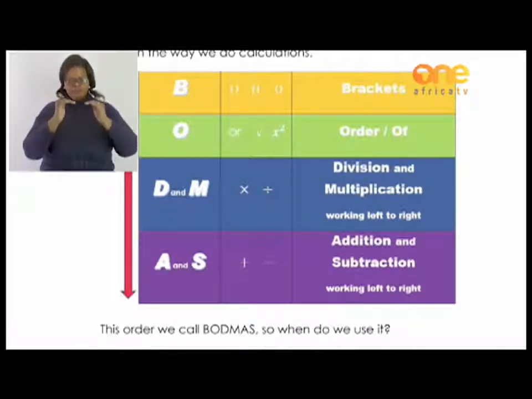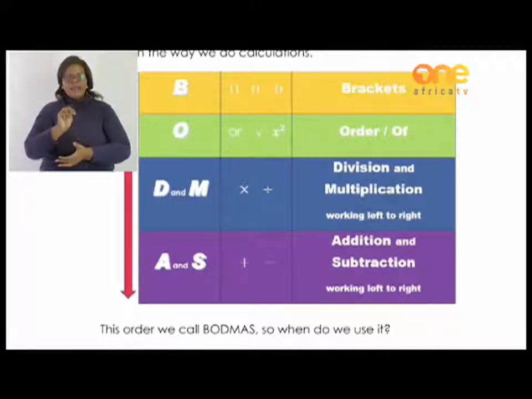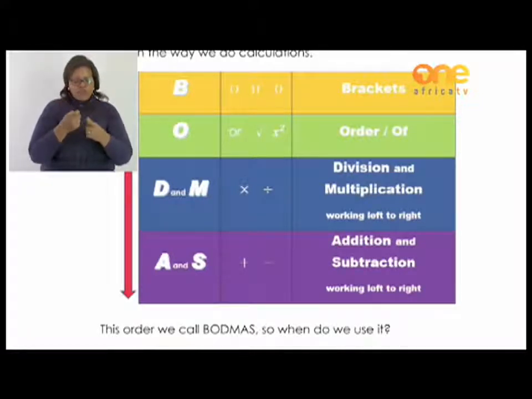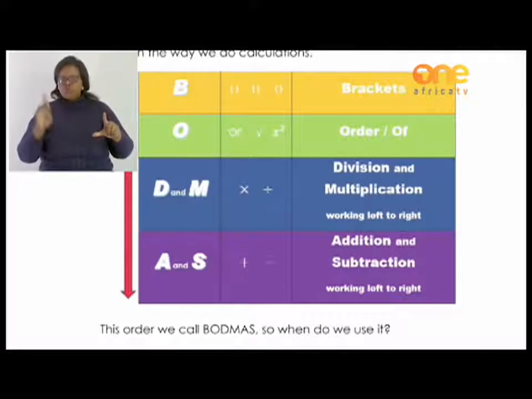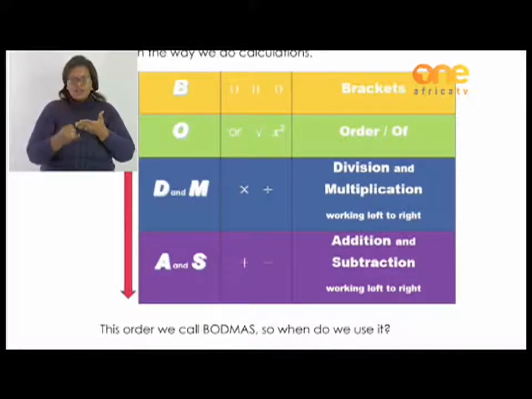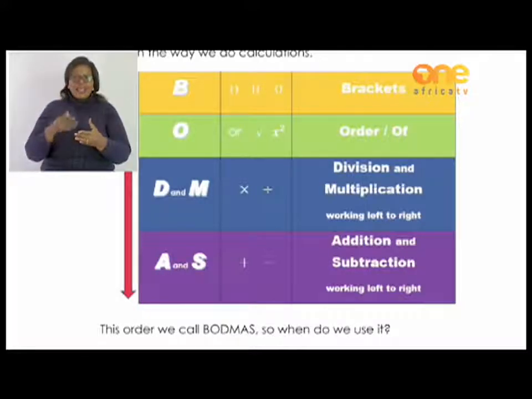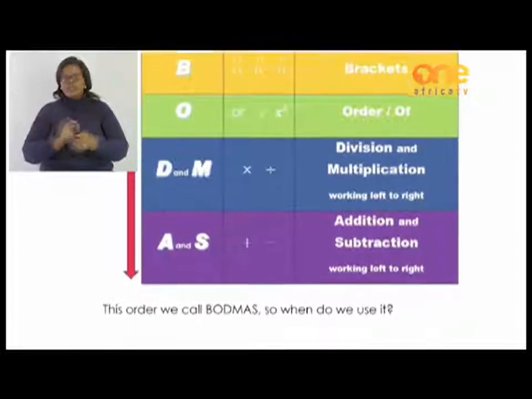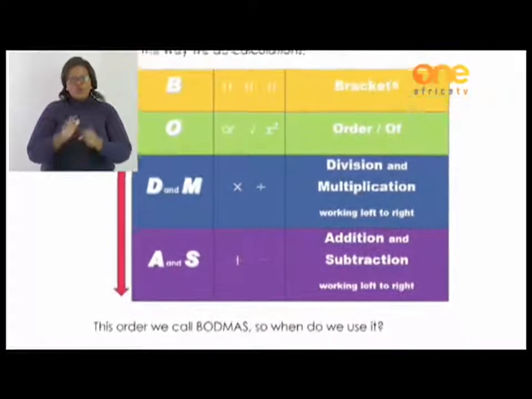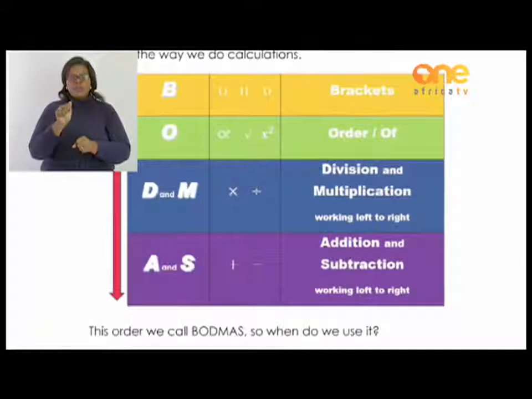Then D and M is for division and multiplication. We're working from left to right. Lastly, we will do addition and subtraction, also working from left to right. So the order of operations is called BODMAS. So when do we use BODMAS?